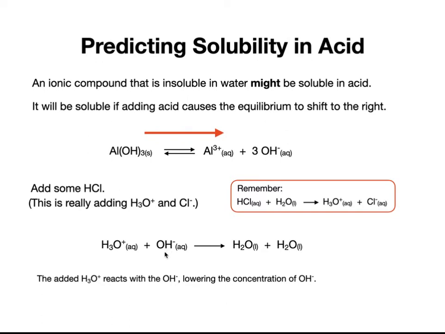Well, it's reacting with the hydronium. So if that is being removed, the equilibrium shifts to the right, and the solubility of this salt increases. Adding acid actually causes this to go into solution.